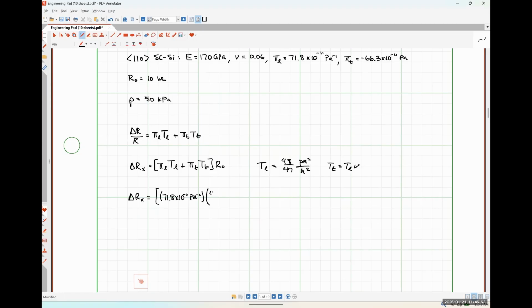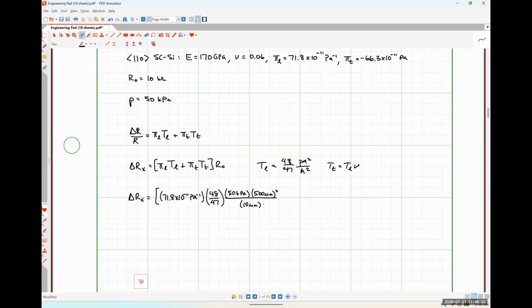So 48 over 47. Our pressure is 50 kilopascals. A was 500 microns. And H was 10 micron. So that's the longitudinal change in resistance.